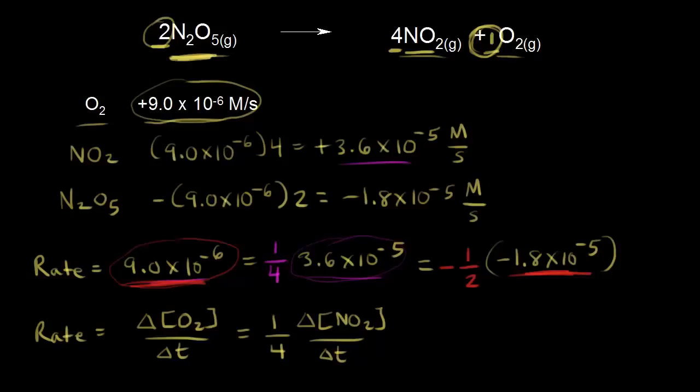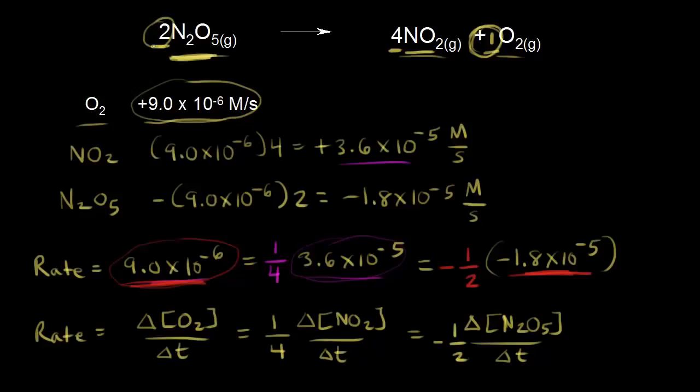So if I want to express my rate in terms of the disappearance of dinitrogen pentoxide, I'd write the change in N2O5 over the change in time, and I need to put a negative 1/2 here as well. All right, so now that we've figured out how to express our rate, we can look at our balanced equation.